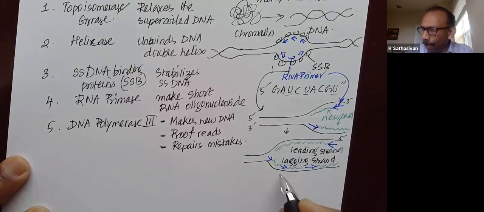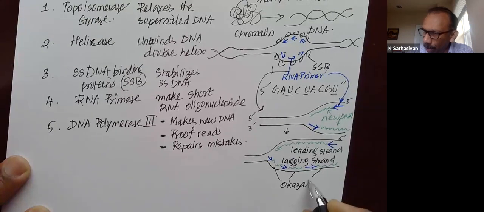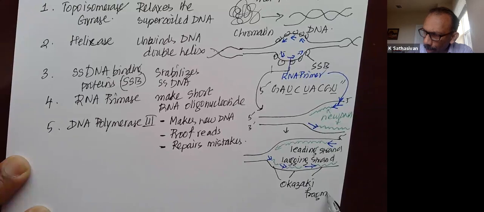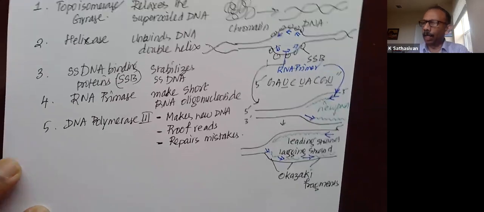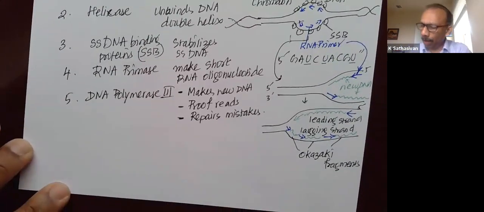The fragments of this lagging strand are named after the Japanese scientist Okazaki. They are called Okazaki fragments. That's how the leading and lagging strands are made.